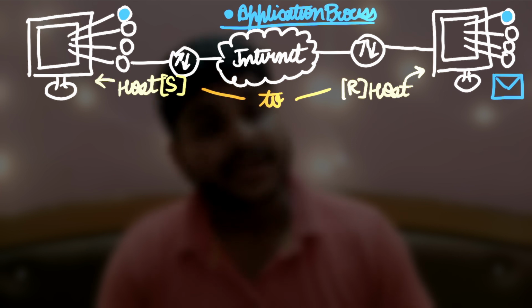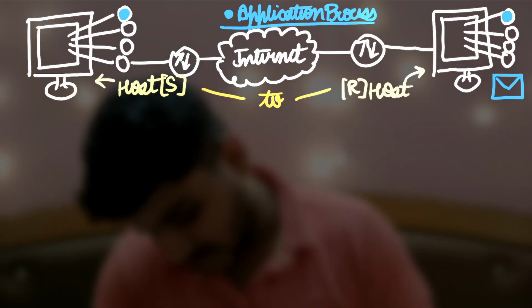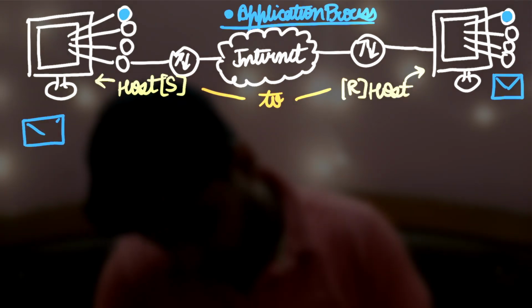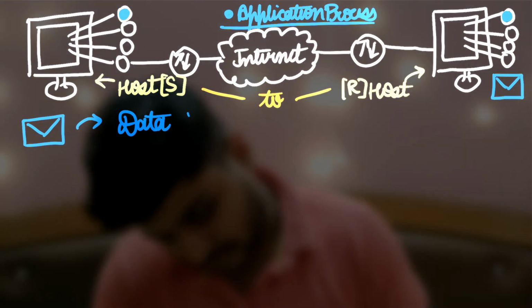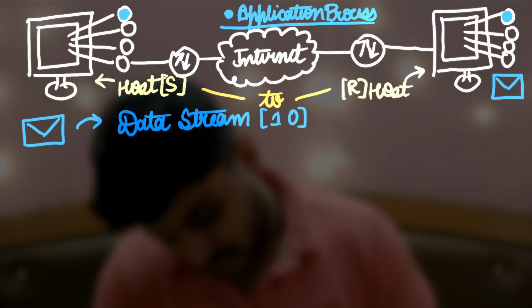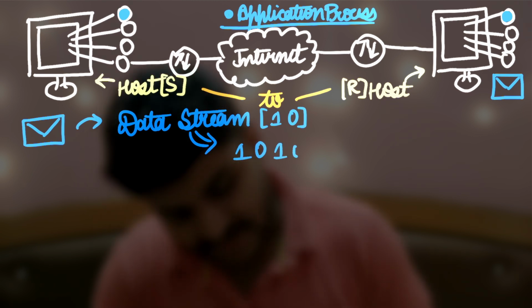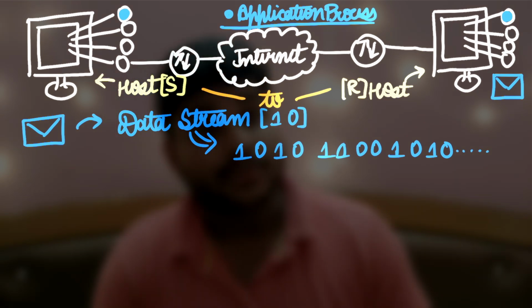To understand this communication, we first need to take a look at the user data, that is, the message that we have sent. Actually, this message is a data stream, a stream of zeros and ones, the bits. A data stream may look like a random string of zeros and ones, so let us create a random string of this data, and it goes on and on.